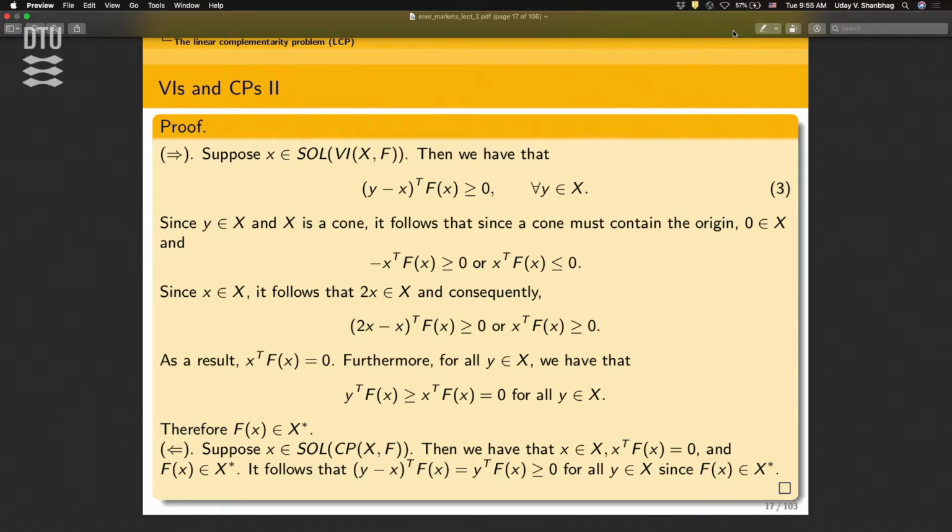Now, since y is in X and X is a cone, and since a cone must contain the origin, we have that 0 lies in X. Let me write this out so that you can see it.